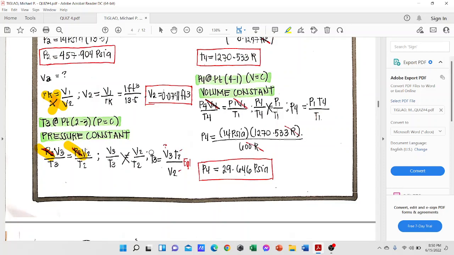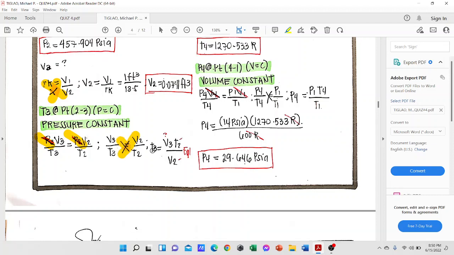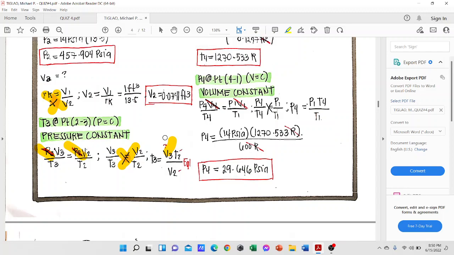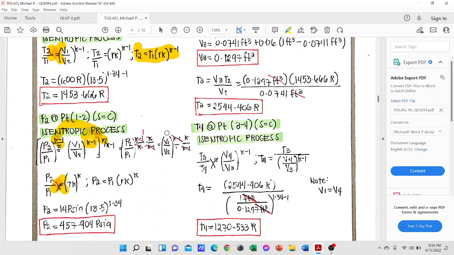Bali yung initial formula natin is V3 all over T3 is equals to V2 all over T2. Para makuha natin yung final formula, i-cross multiply ko lang ito. Sa pag-cross multiply, makukuha natin na final formula is T3 is equals to V3 T2 all over V2. Bali sa temperature 3, wala pa tayong volume 3, so hahanapin muna natin yung volume 3.